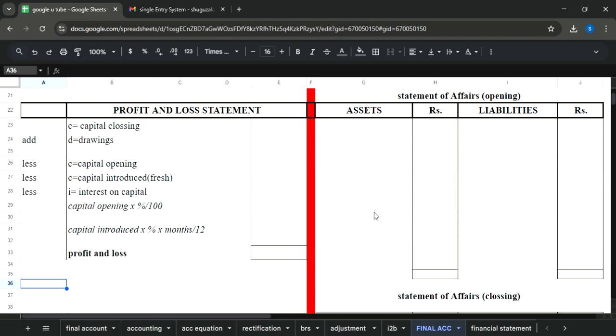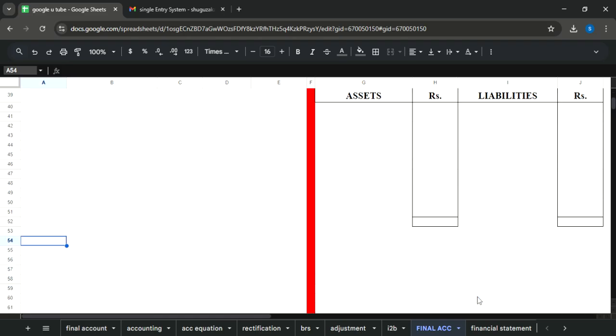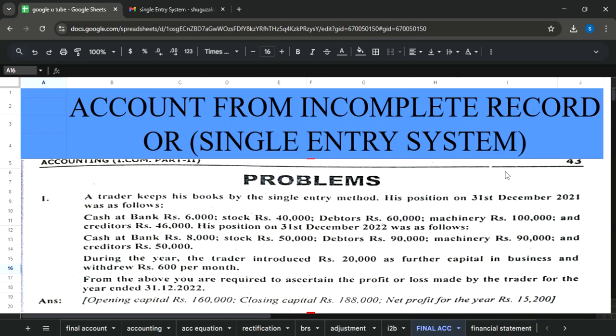On the right side of your page, there are two statements, statement of affairs opening and statement of affairs closing. We were talking about these opening and closing statements. Please understand that items written beside 2021 are all opening. This was a brief introduction of your question. We are ready to start our question.